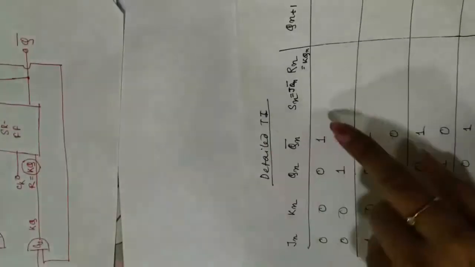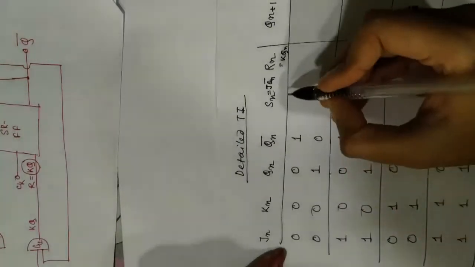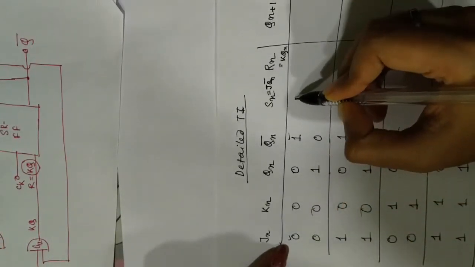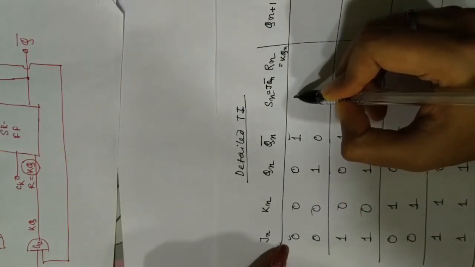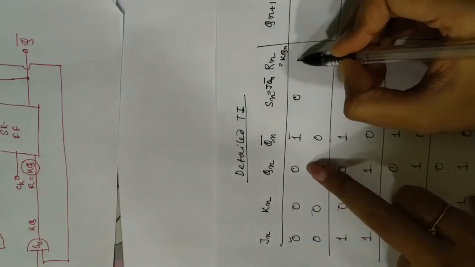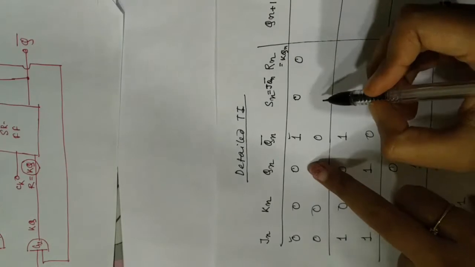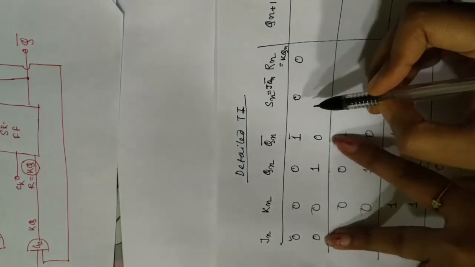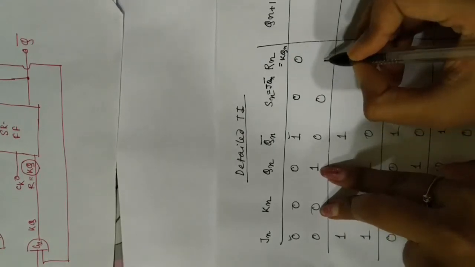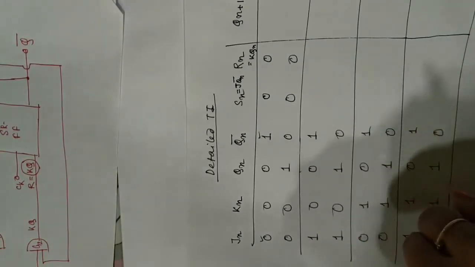So we'll just find the values of S and R. So S is equal to J Qn bar, so over here it comes up to 0, and R is equal to K Qn, over here it is 0, right? Then you have J Qn bar, it is 0, and R turns up to be a 0, right?